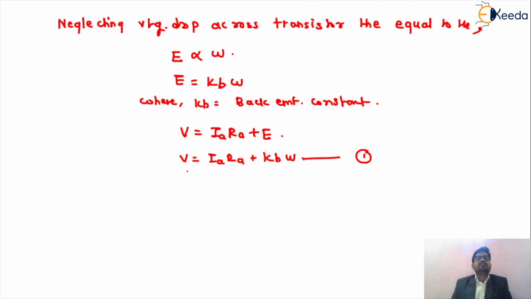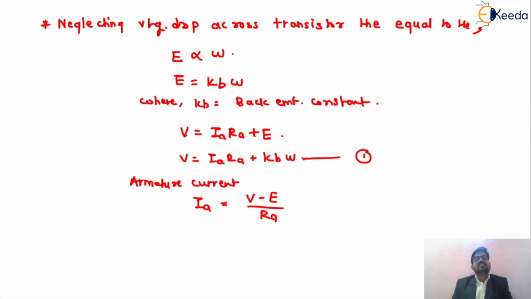According to the first equation, we can get the value of the armature current. How can we find the armature current? By rearranging this term, because this is a very important term. IA is equal to V minus E divided by RA.